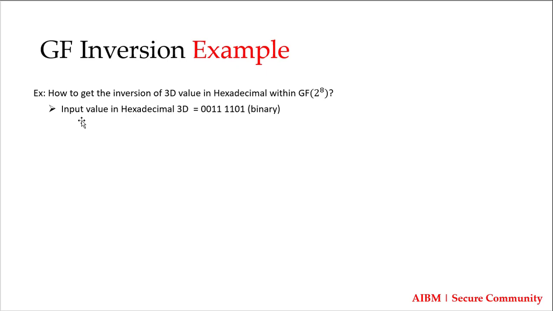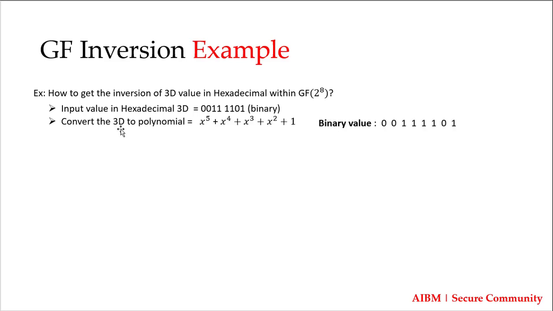First, we have to take the value in hexadecimal and convert it to binary. When we convert 3D to binary, the result will be 00111101. Then we convert the value of 3D to a polynomial, and the result will be x^5 plus x^4 plus x^3 plus x^2 plus 1.